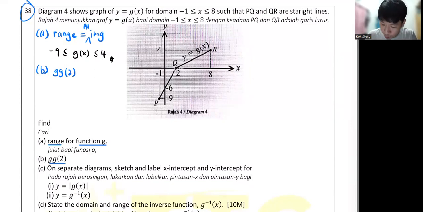There's no function gg here. So you're going to split the gg. So yes, the 2 becomes the object of g.